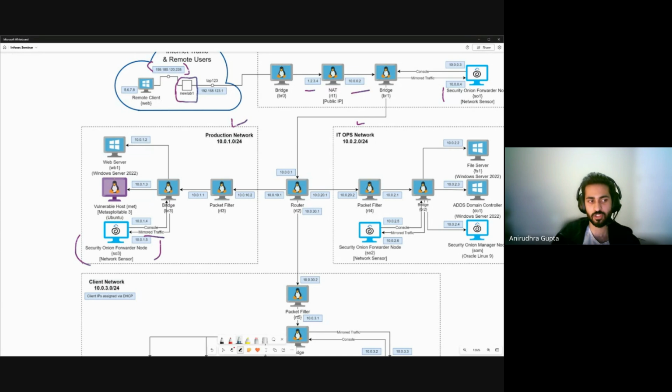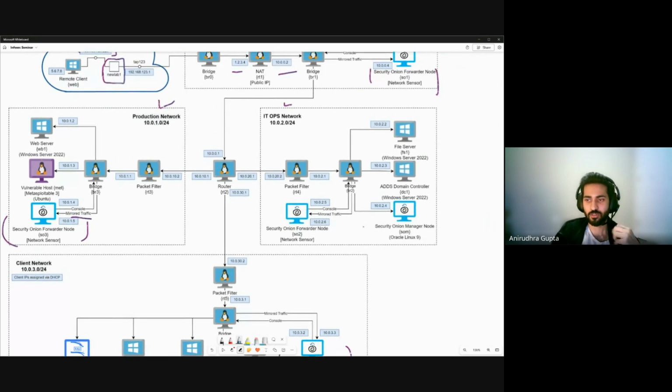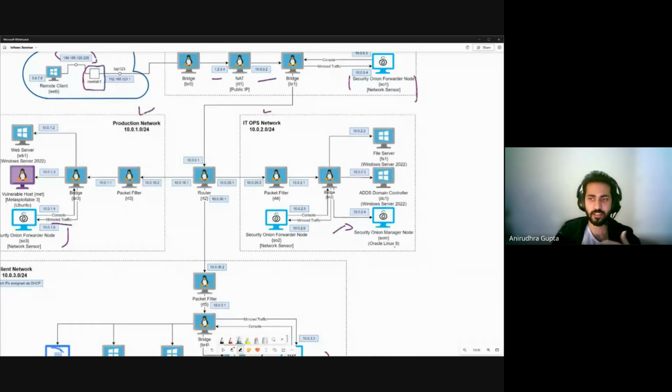All the bridges are configured to send the mirror traffic to these sensors, and the sensors send all the traffic to the manager node here. Then our incident response team or SOC team will be able to log into the server and see all the logs coming from all these different networks, set up alerts for them, analyze the alerts, and set up rules to get more info.